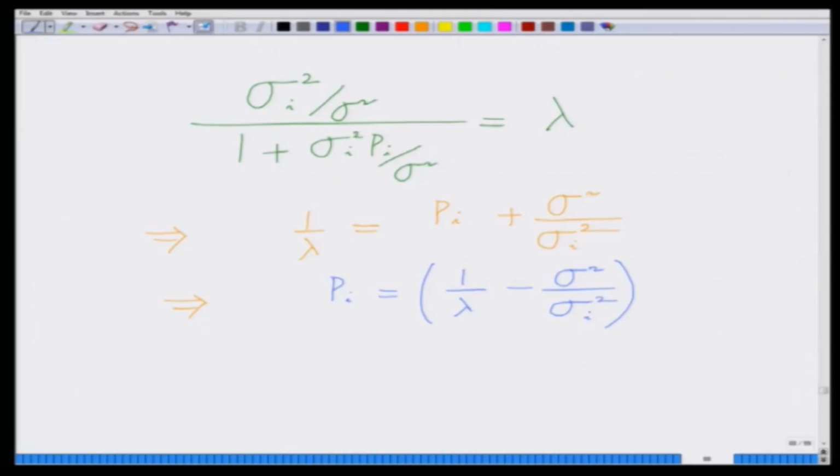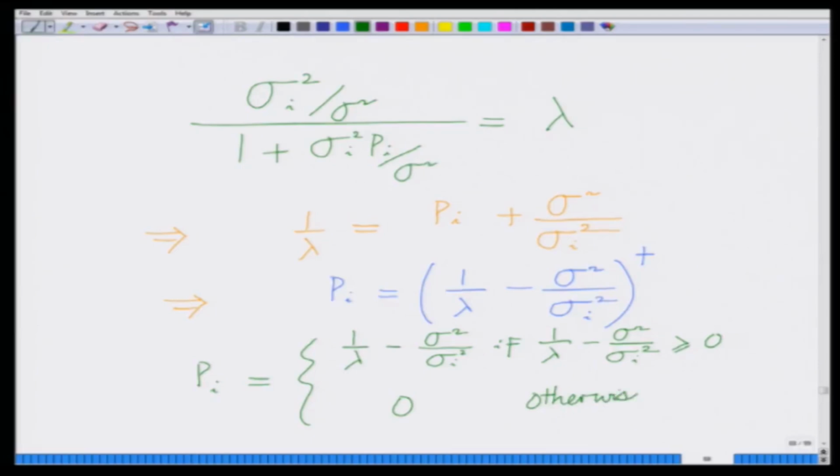Therefore, I am simply going to set this as P_i is equal to (1 over lambda minus sigma^2 by sigma_i^2) superscript plus, which basically stands for the fact that P_i is equal to 1 over lambda minus sigma^2 by sigma_i^2 if 1 over lambda minus sigma^2 by sigma_i^2 is greater than or equal to 0, and equal to 0 otherwise.